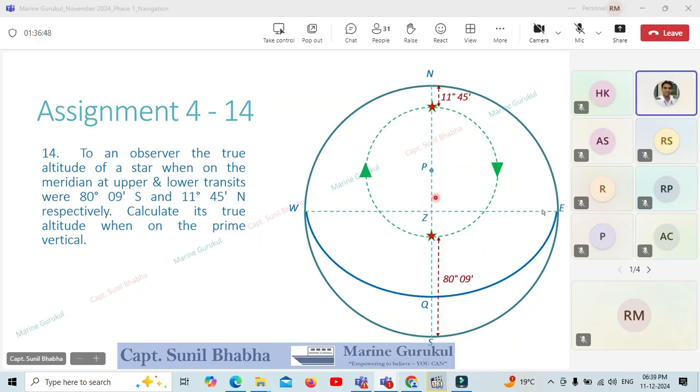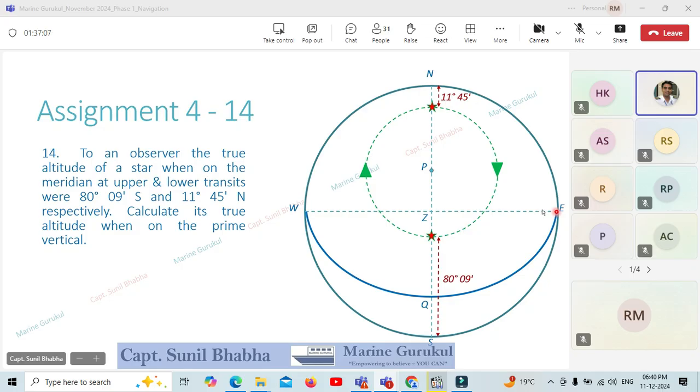The line NZS is called the principal vertical circle. Not required in this question right now, but just for your information, NZS is the principal vertical circle. WZE is the prime vertical circle.